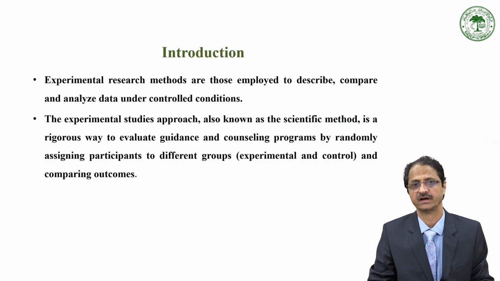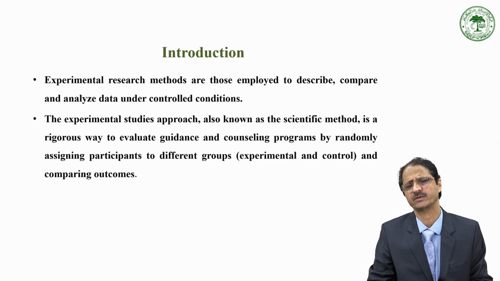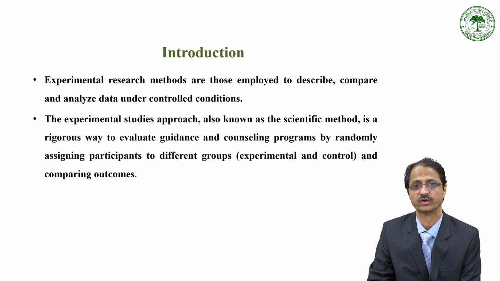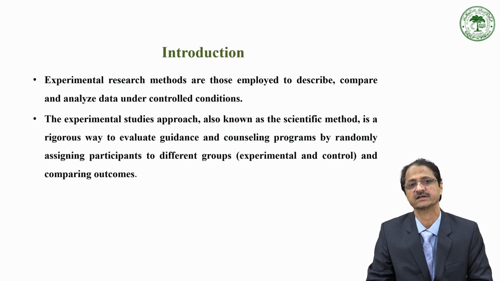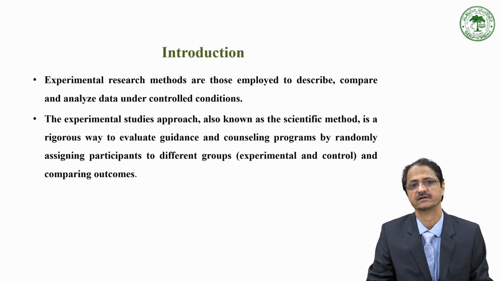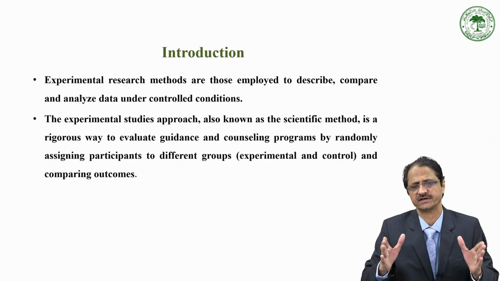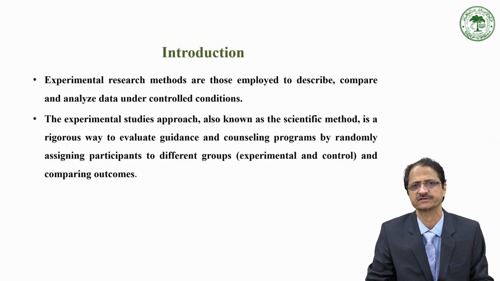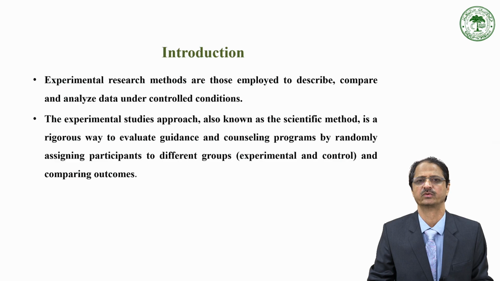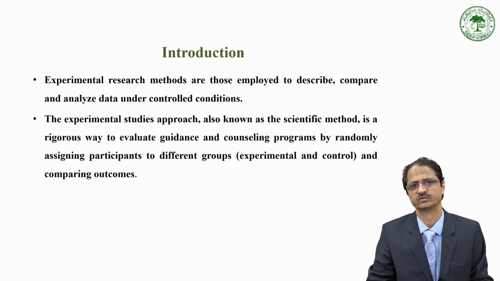But we are definitely running short in controlling the variables, because there are so many confounding or intervening variables which become very difficult to control on the part of the researcher or evaluator of the program, as we do in creating the physical conditions in the science field. Here there are certain drawbacks or limitations in using this approach in social sciences, because counseling is associated with human beings, and it is very difficult to control all the variables which are related to human beings.